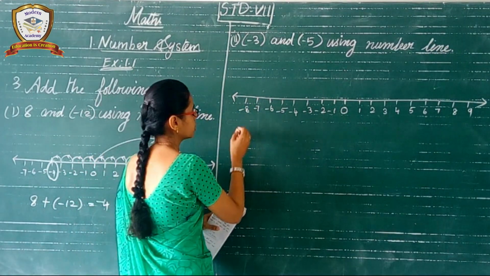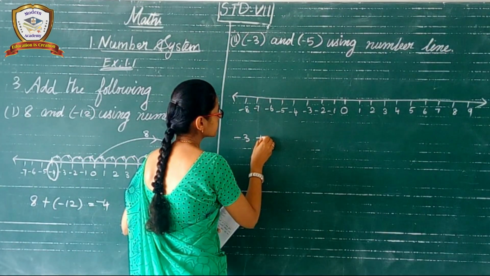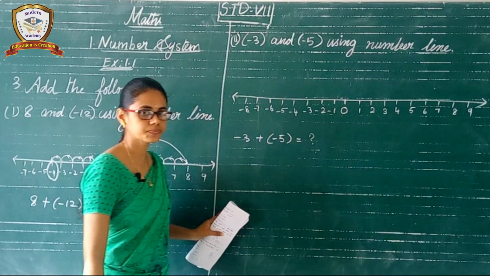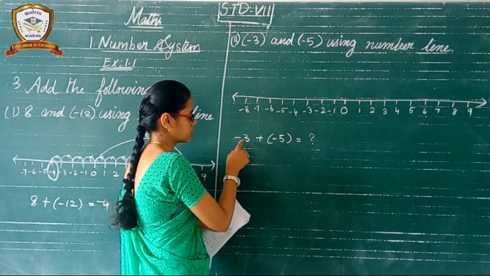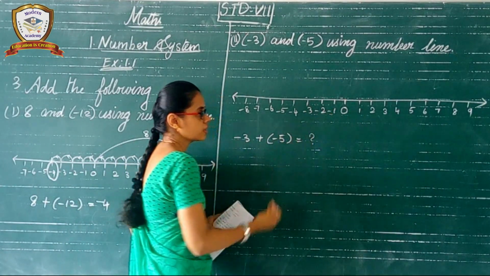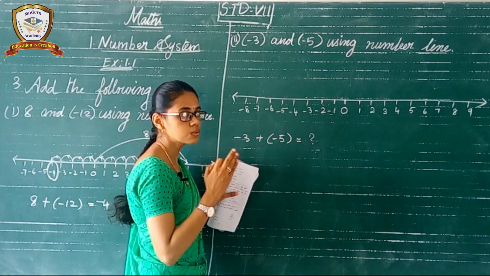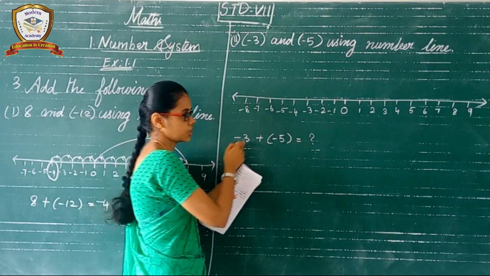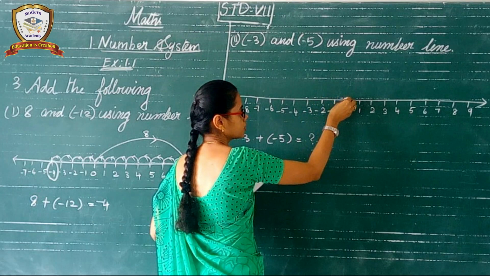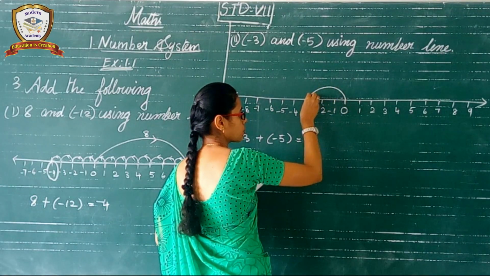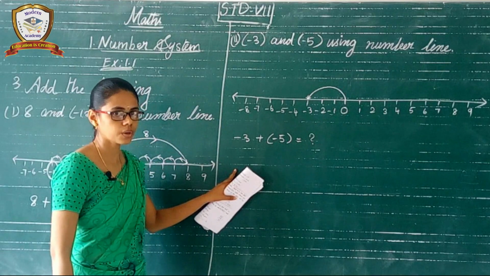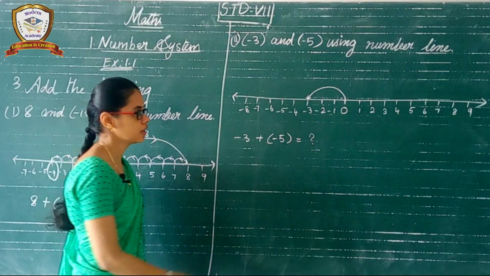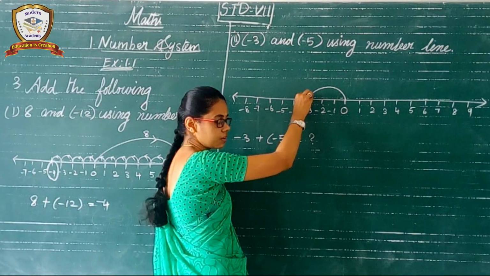And see, minus 3 plus of minus 5. We have to find the answer. So minus 3: minus means moving to the left side. Plus minus 5, from minus 3 we count.